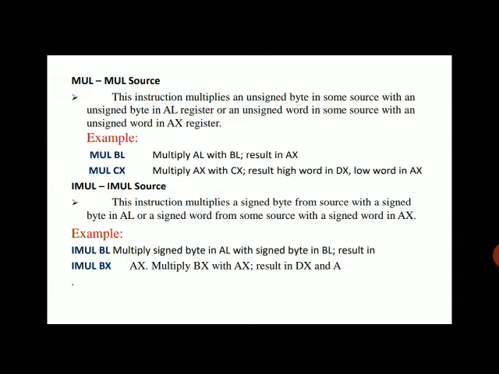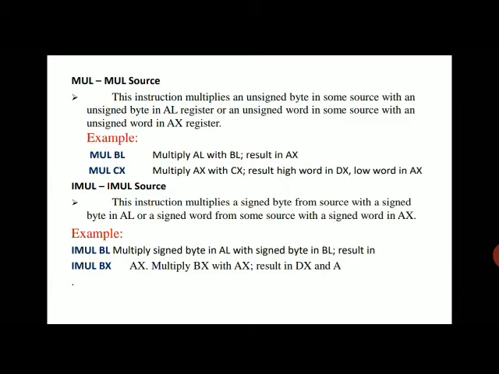That is, it multiplies the AX register or AL register content with BX or BL content and finally the result is moved to the destination register. That is explained in the first example, MUL BL. See the next example, MUL CX.